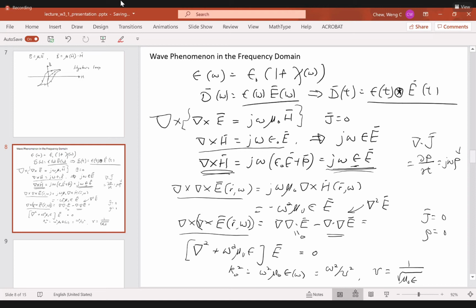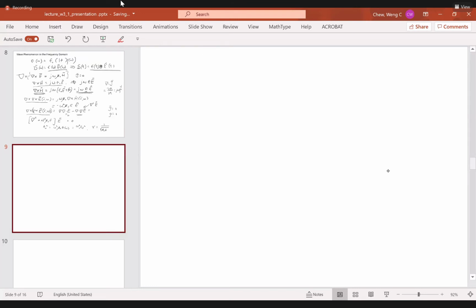Let's simplify our life and make things simple. Assume that we have a very simple problem to solve, that the electric field is pointing only in the x direction, so it only has an x component, and it also is a function of z only.